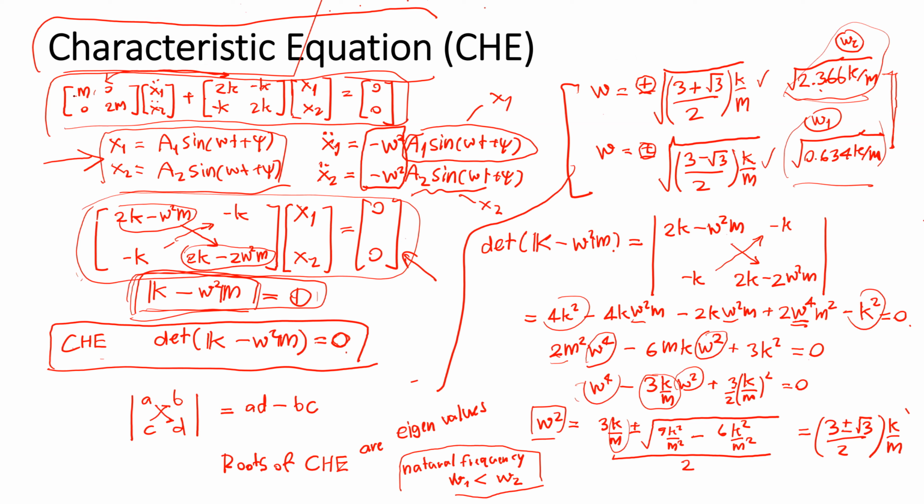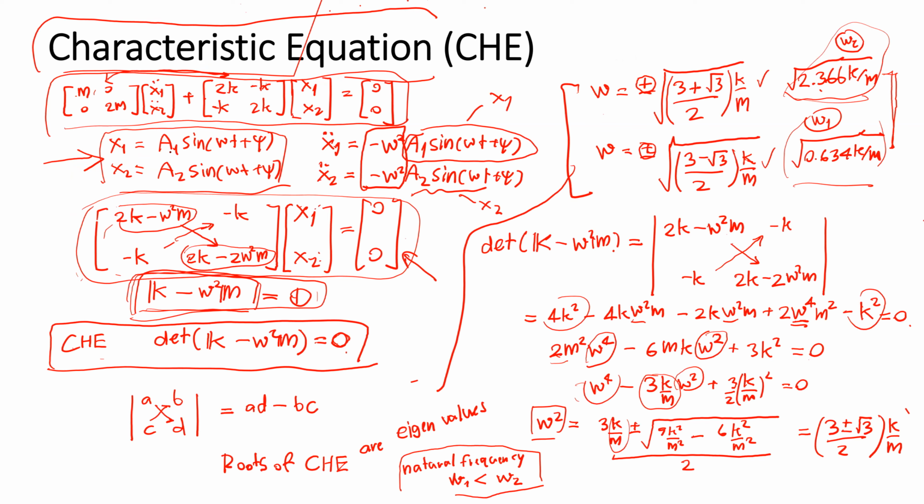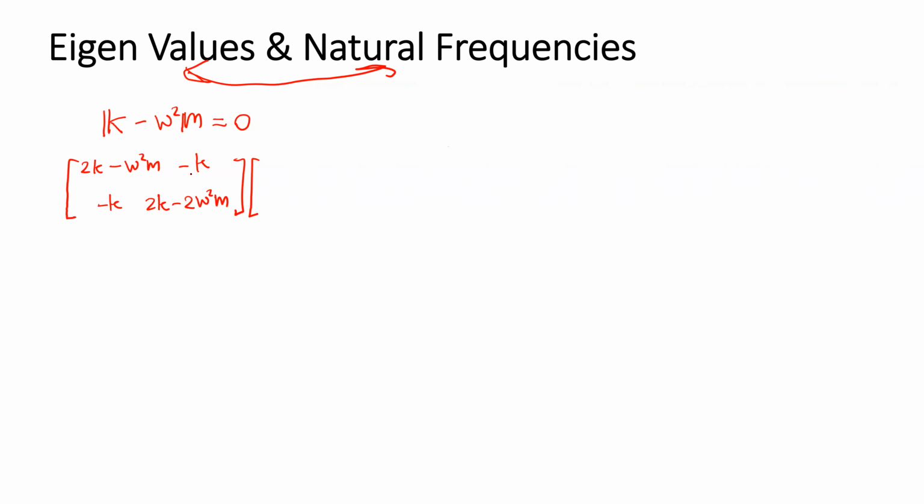This is the inertia matrix. So we just want to rewrite this matrix. It will be 2k subtract omega square m and 2k subtract 2 omega square m and minus k and minus k. And x1 and x2 are a1 sine omega t plus b and a2 sine omega t plus b.